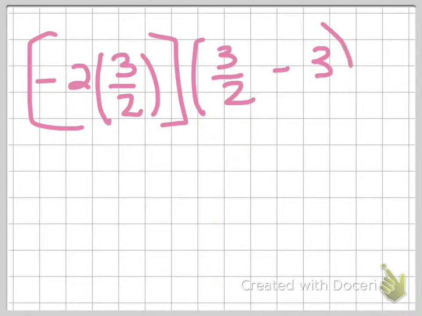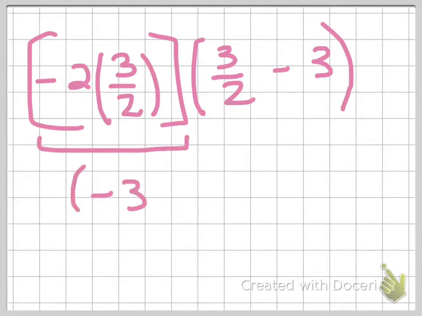Whoopsie. My calculator died, so I'm going to have to do this by hand. This right here, when I solve this, this is negative 3. Negative 3 over 2 minus 3 is the same as 6. So I'm going to say, hey, this is a negative 3 over 2 minus 6 over 2, which actually gives you negative 3 over 2.